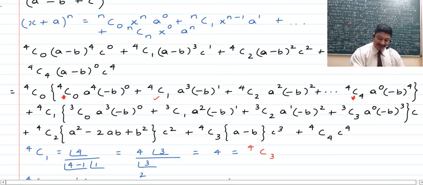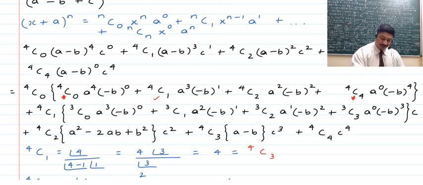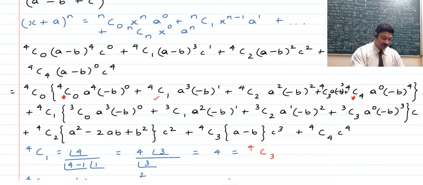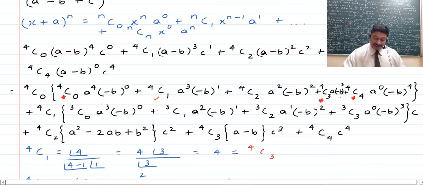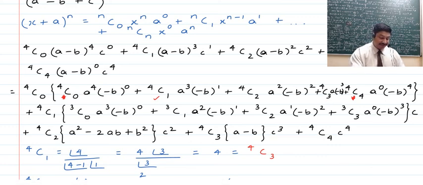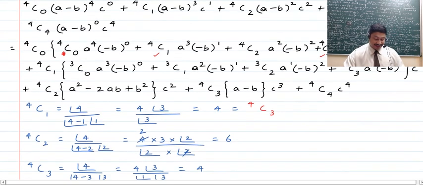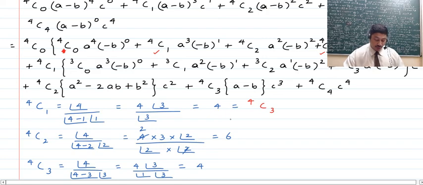So, quickly writing this term, we can write the second last term as 4C3, we will have a times of (minus b) whole raised to the power 3. That is going to be added as the next term. And here, children, we see that the binomial coefficient 4C3 will be exactly the same as the binomial coefficient 4C1, so both of their values have been calculated below, which has come to 4.